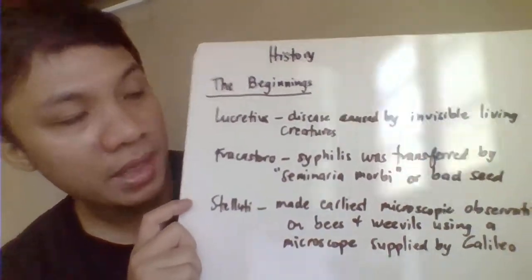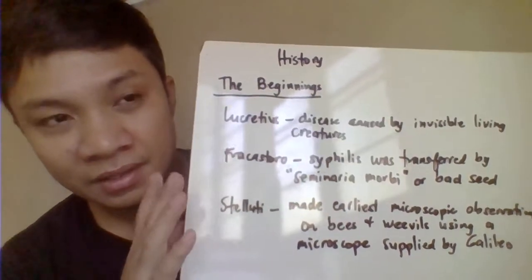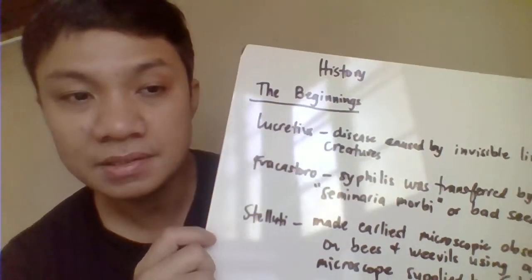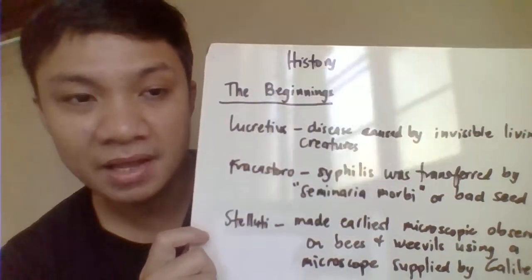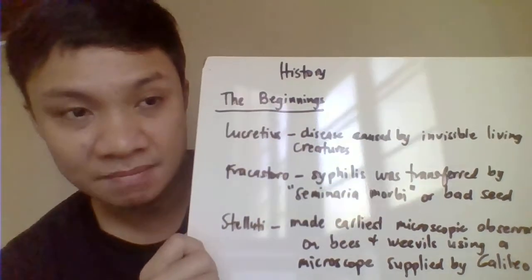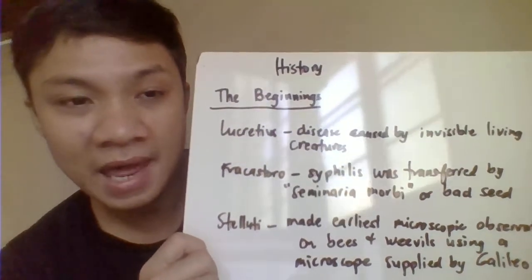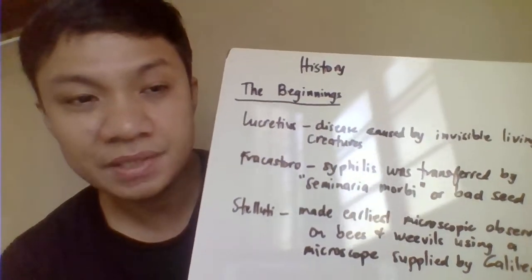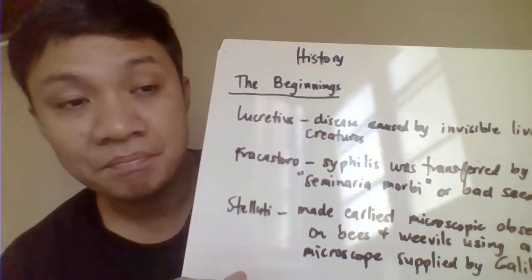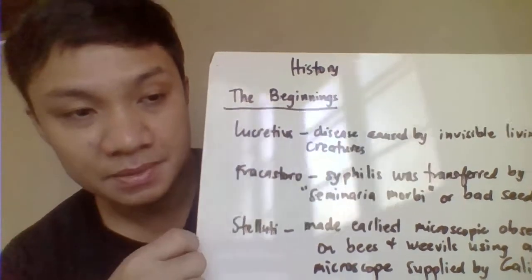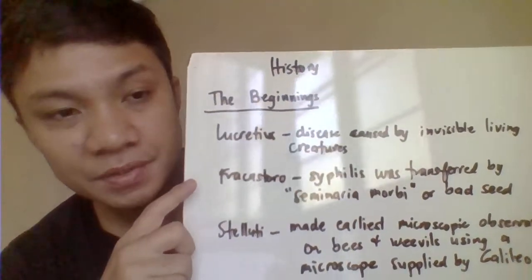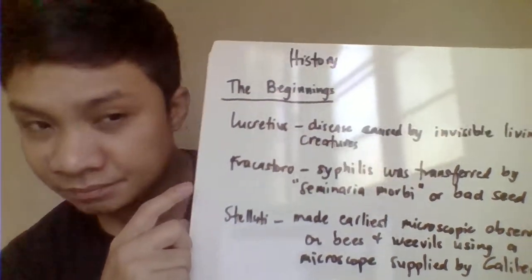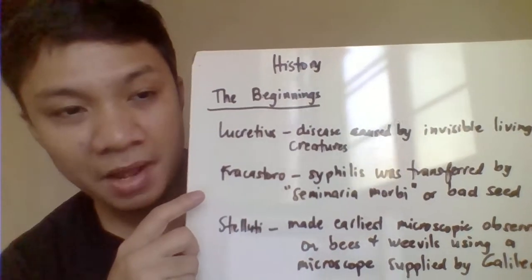Scientists before believed that a particular disease is caused by a specific causative agent, which may be in the form of bacteria or other organisms. Lucretius believed that a specific disease is caused by a specific agent or microorganism.